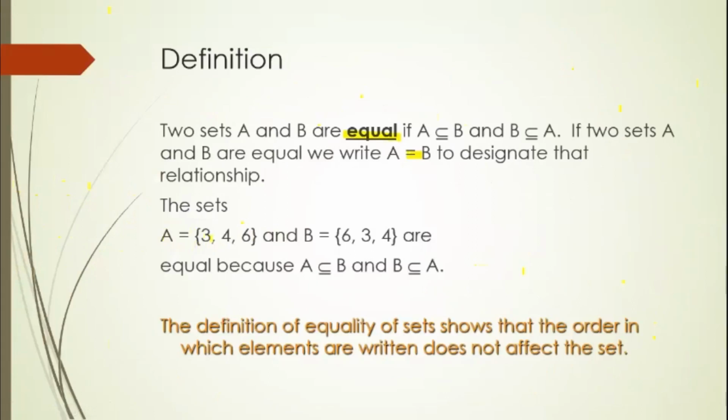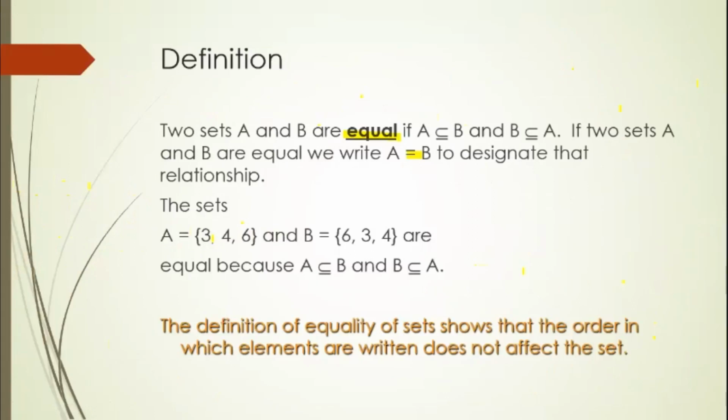A contains the elements 3, 4, 6, and B contains the elements 6, 3, 4. So A is a subset of B. You found all the elements of A in set B. The same way with B, all the elements of B are found in A. Therefore, B is a subset of A. If that is the condition, that is an equal set.